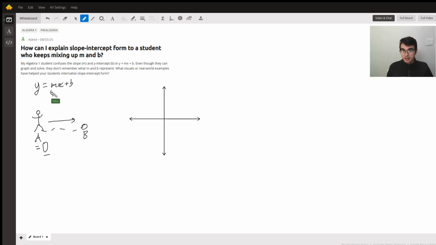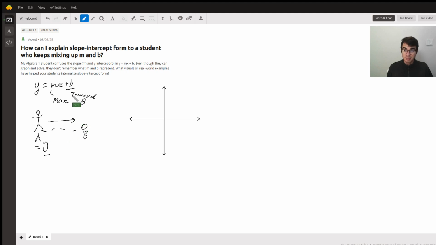M is going to stand for our man, because it's going to be the size of our man. And plus B is however much he's walked toward B. Toward the town called B, right?